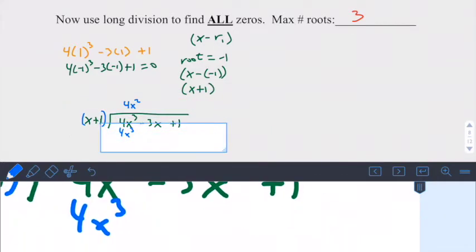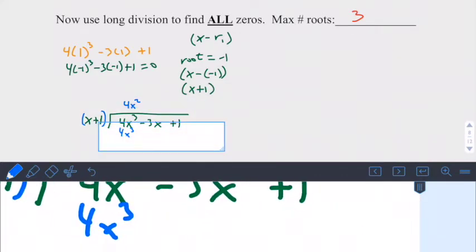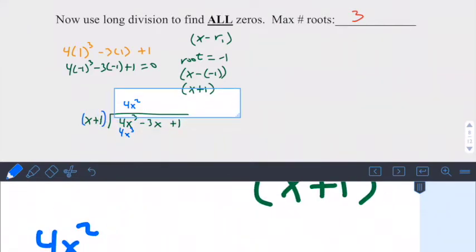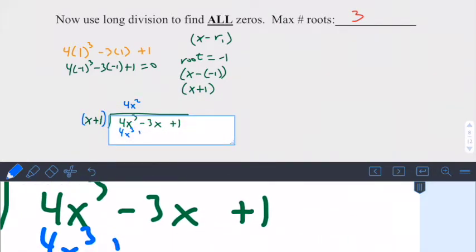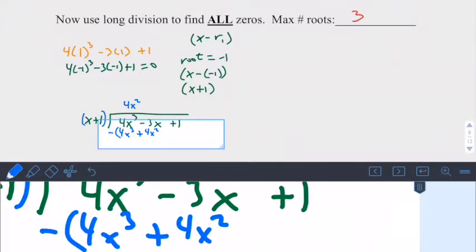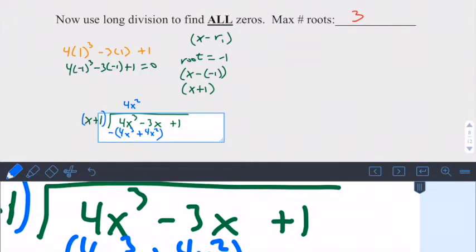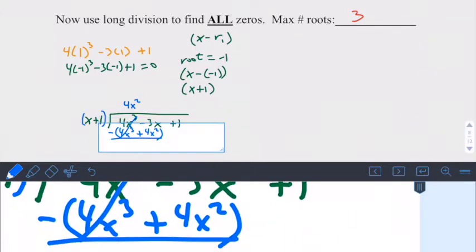4 times x, and x squared times x is x cubed, and then 4x squared times 1 is 4x squared. And I subtract it. So 4x cubed minus 4x cubed is 0. And then we don't have an x squared, so I just have negative 4x squared.